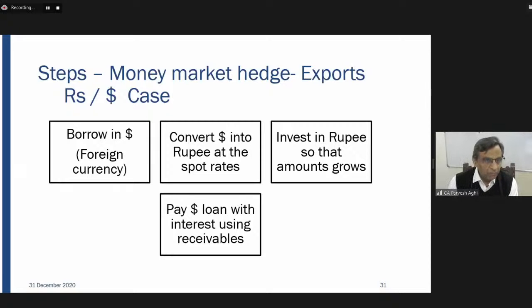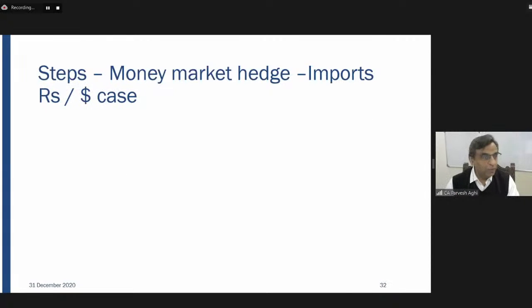So at the time when you receive money from the customer, it will set off your loan, and thereby you have hedged yourself against the foreign currency exposure. All this process covers you against the risk, and we'll understand it through the example. So these are the steps. Remember these steps, as we'll be using them quite often in solving most hedging questions. And suppose it happens to be imports.